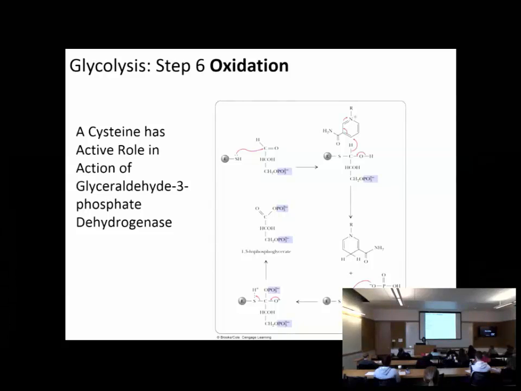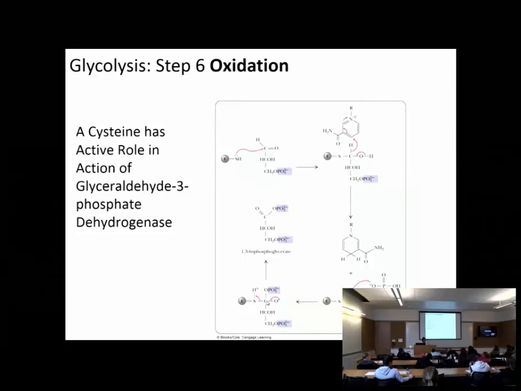And again, we make an unstable intermediate. So again, the sulfur is acting as a nucleophile. The nicotinamide ring is picking up a hydride. And this is sort of a mixed anhydride here. It's not very stable.